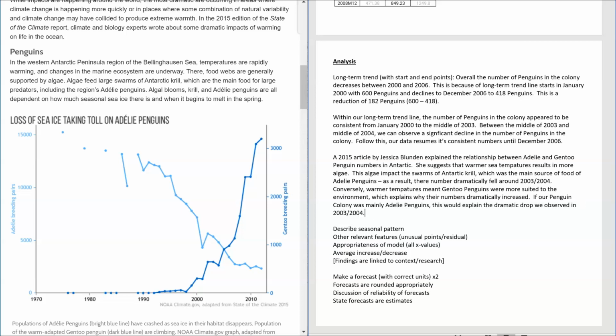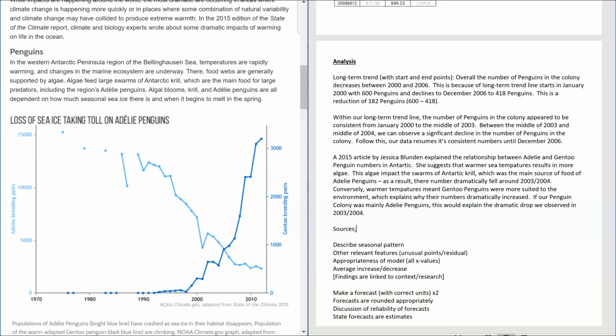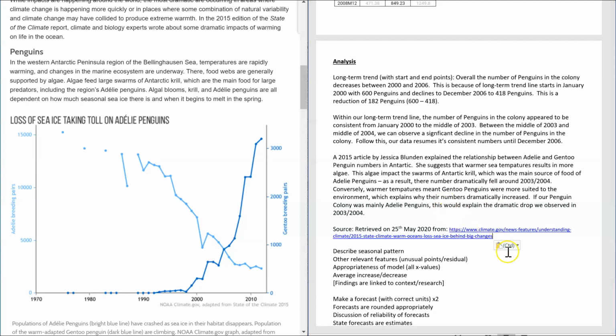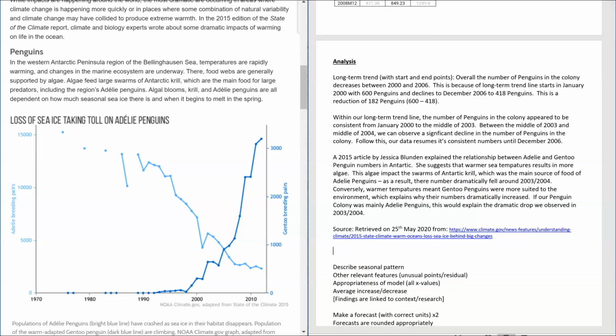So I think that explains the point that I've done. So source, let's state again, we retrieved on 25th of May 2020 from, and I'm going to copy and paste the link where I got this information from. You may also want to put the graph in as well, but I won't be doing that. I don't think it's necessary.